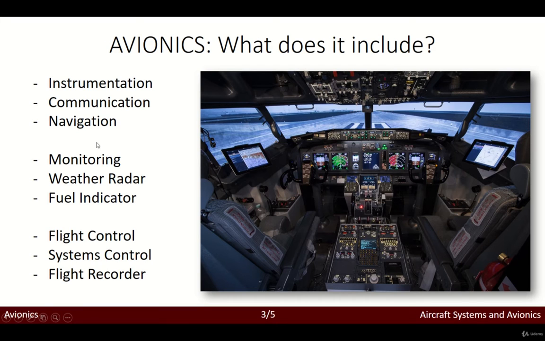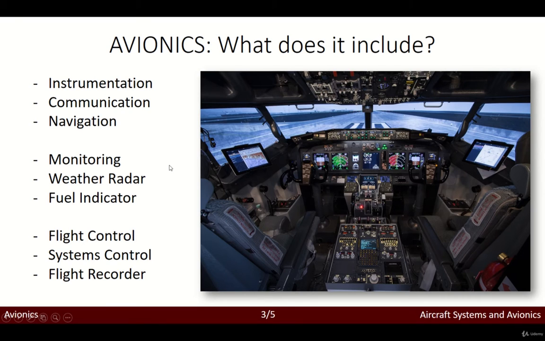In addition to that, we also have monitoring, and the pilot aircraft interface, which is basically the cockpit. As you can see, all the monitors of the different subsystems of the aircraft, such as the instruments we've seen already, or radars, and many more.